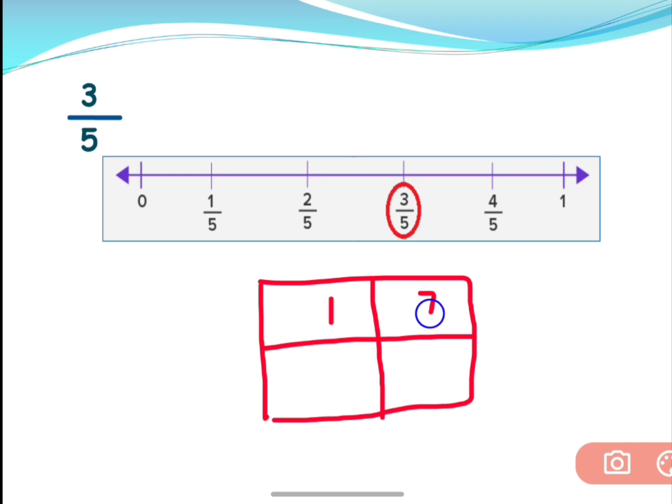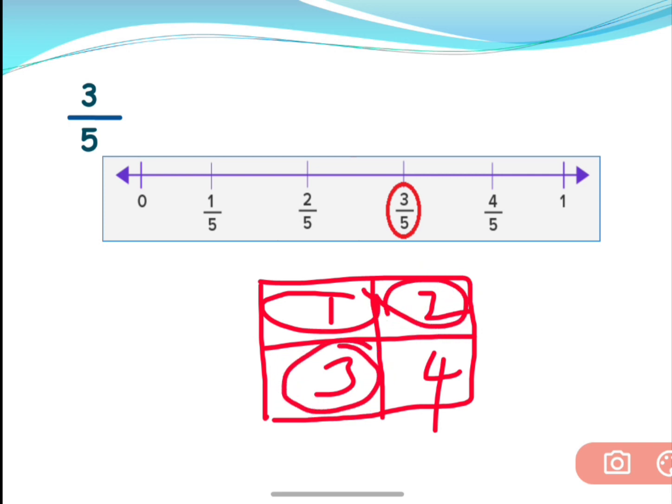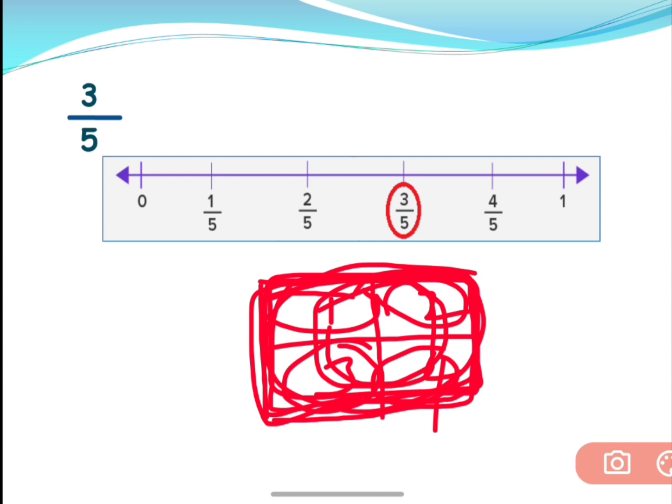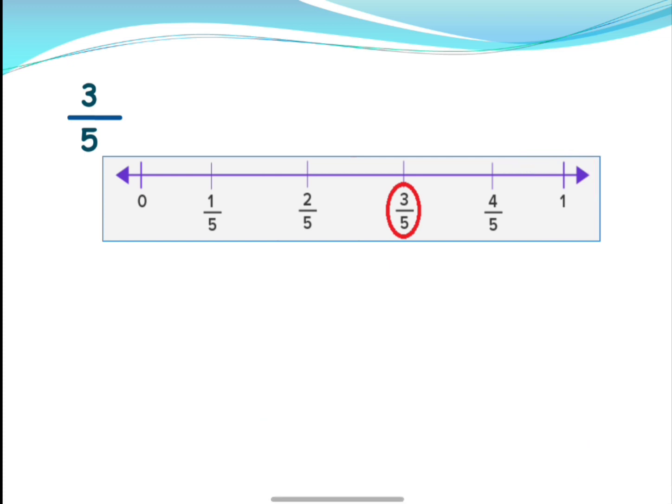This is the first part, second part, third part, and this is the fourth part. But on a number line, we are including all the parts. If you write all together, that becomes one whole part, isn't it, children? So one whole part means complete one part, and that becomes 1. That's why here we wrote 1. So in this way, we are writing 1 on the number line.